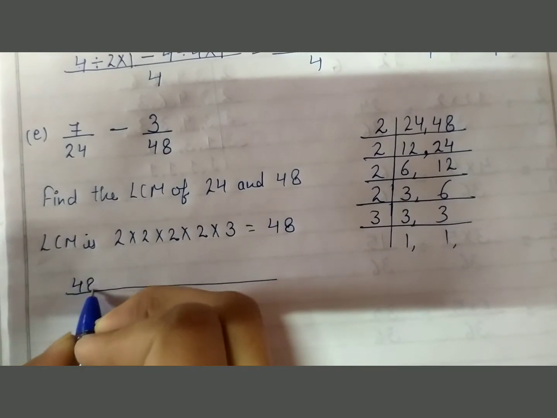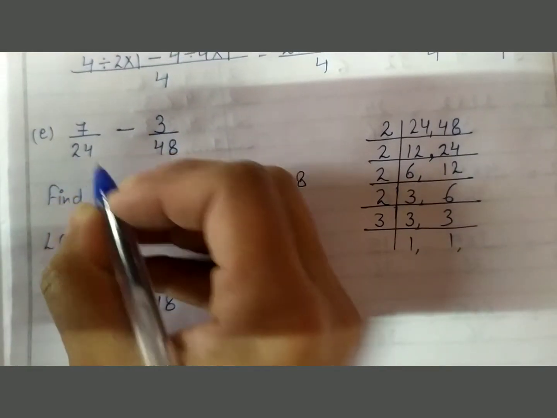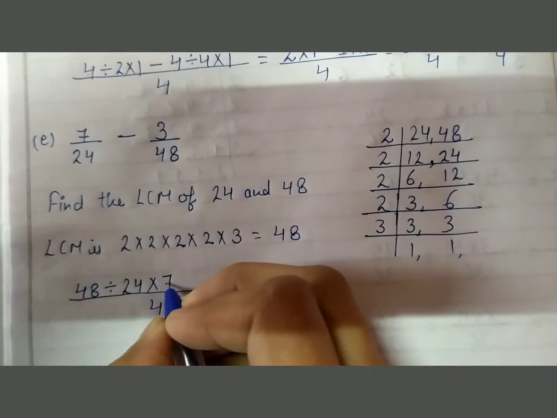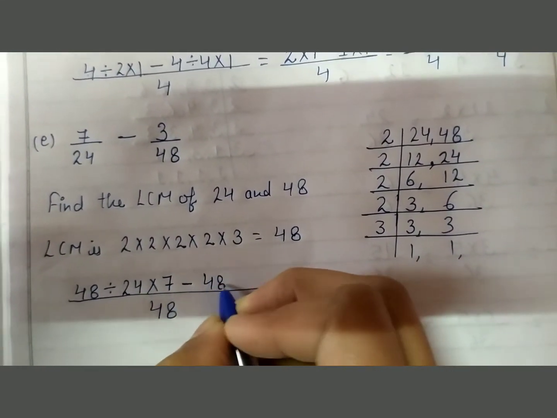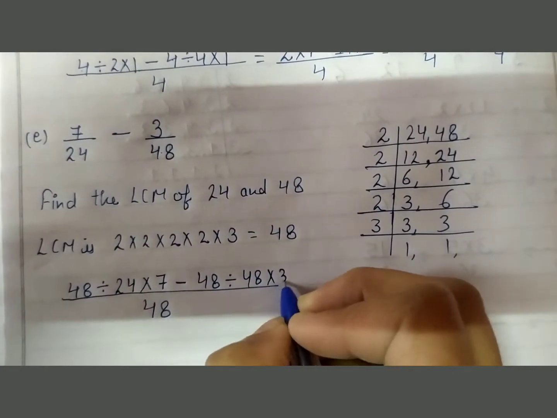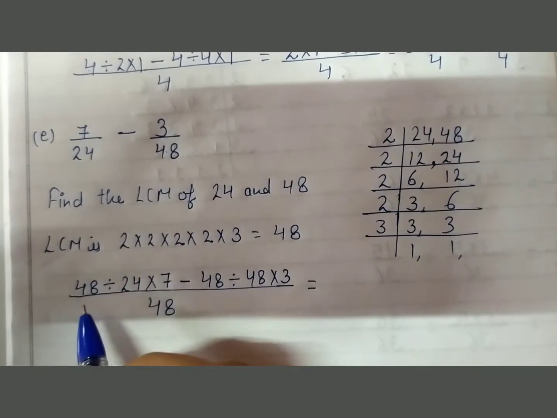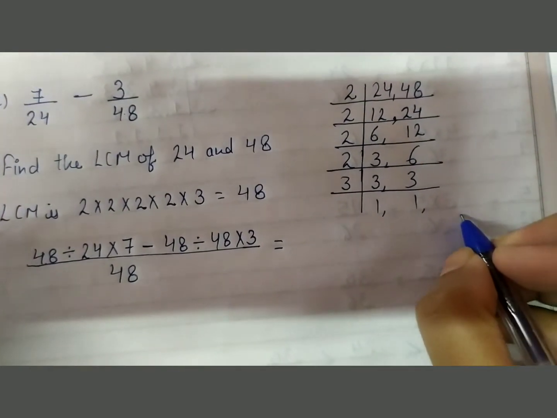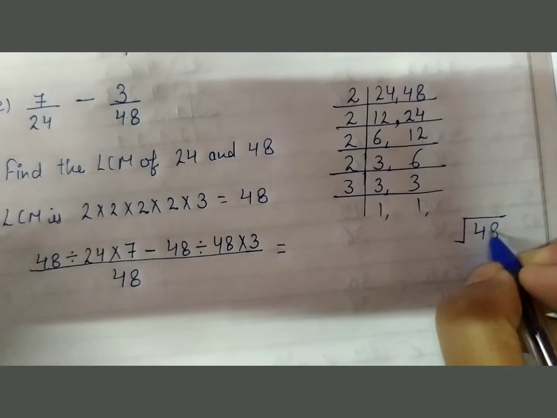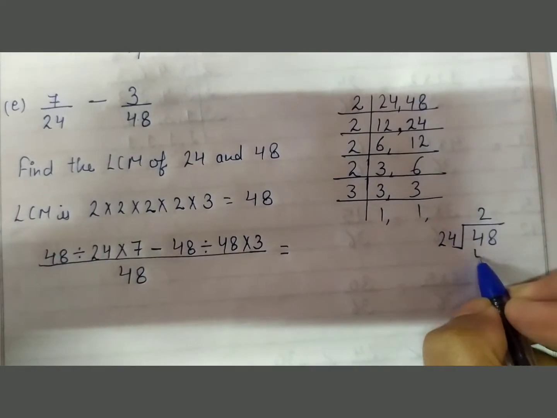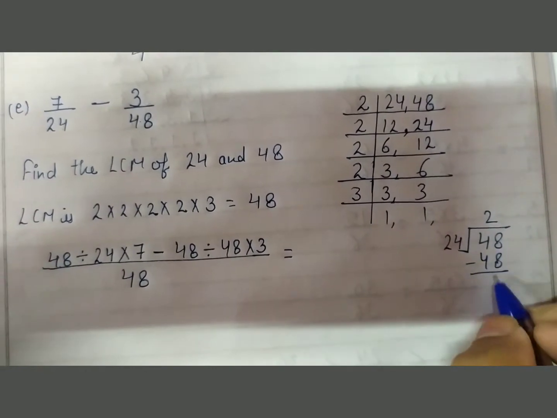Firstly write 48 divided by 24 multiply by 7, subtraction sign. Again write 48 divided by 48 multiply by 3. 48 divided by 24, 24 twos are 48. 48 minus 48 equal to 0.